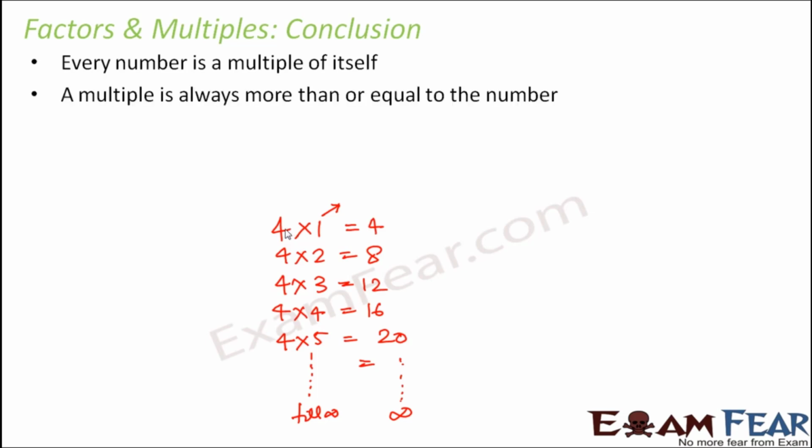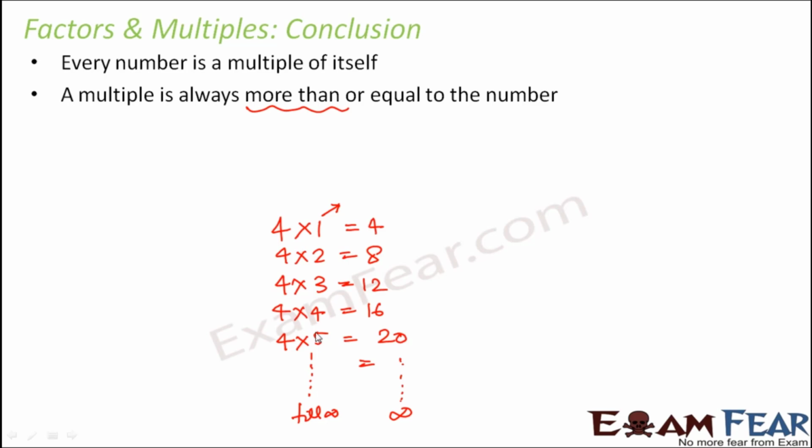A multiple is always more than or equal to the number. That's another interesting thing, because when we were talking about factors, we were trying to divide the number by its factors. But when we talk about multiples, we multiply the numbers. So in order to find the multiples, we are multiplying the number 4 by 1, 2, 3, 4, 5 and so on.